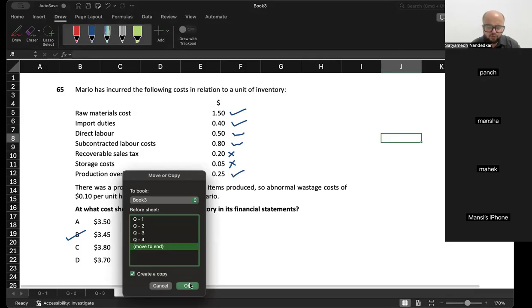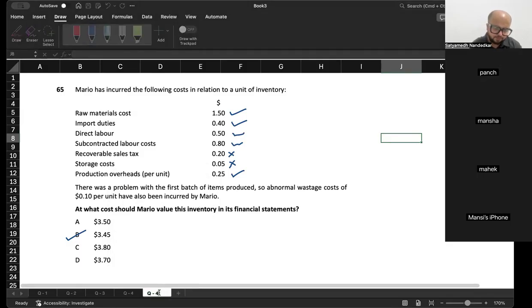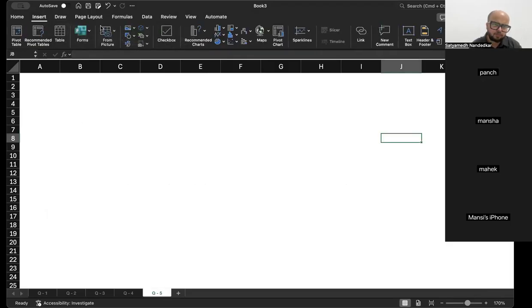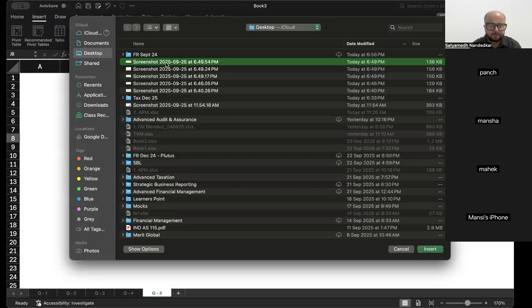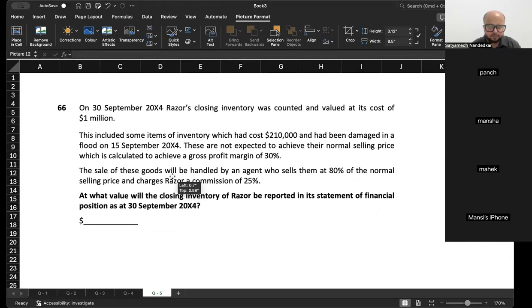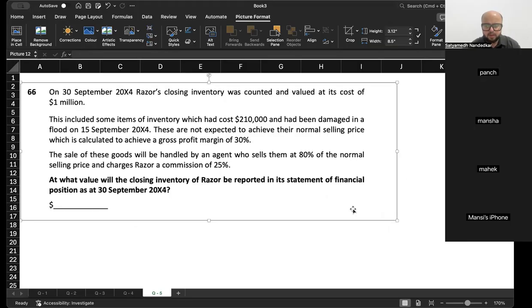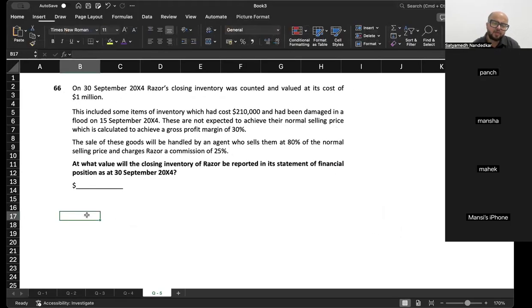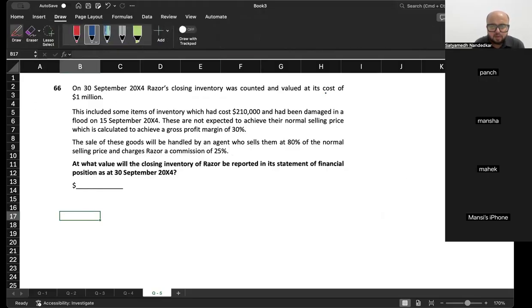One final question from the exam kit. This is also interesting. On 30th September 2004, Razor's closing inventory was counted and valued at its cost of 1 million.